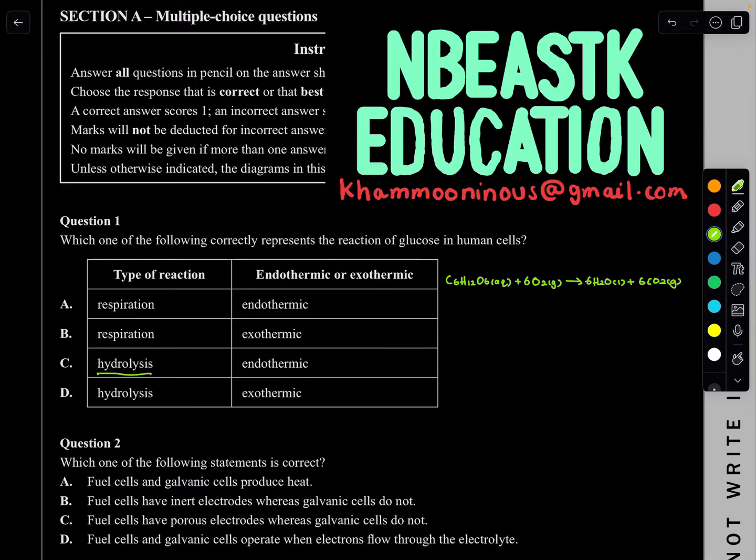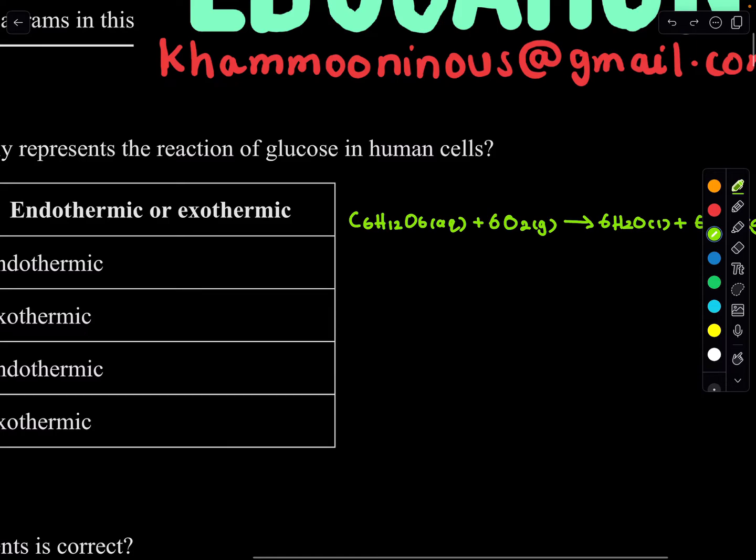Hydrolysis, you should straight away realize, why would hydrolysis be there? Look, what hydrolysis does is it takes water and breaks down peptides, polysaccharides, anything. But the big problem is it won't actually break down glucose, because glucose is the most basic unit of a monosaccharide.